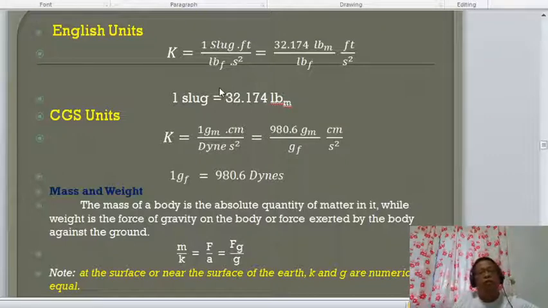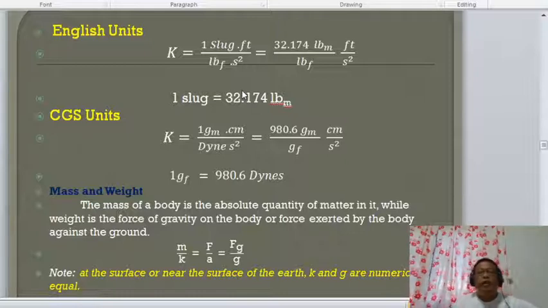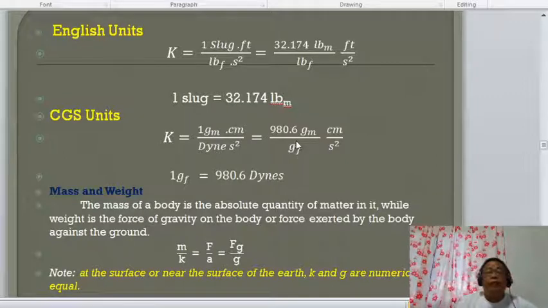Take note, using the formula in Newton's law, force equals mass multiplied by the acceleration over the constant of proportionality K. The value of K is non-unity if the unit of the mass and the force are the same.